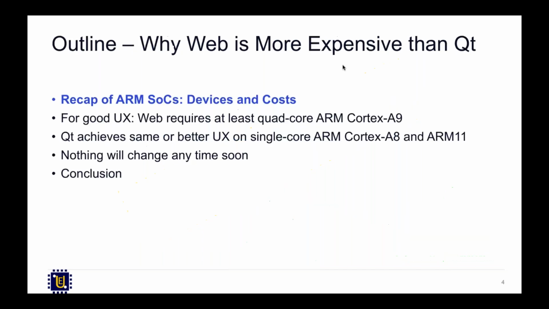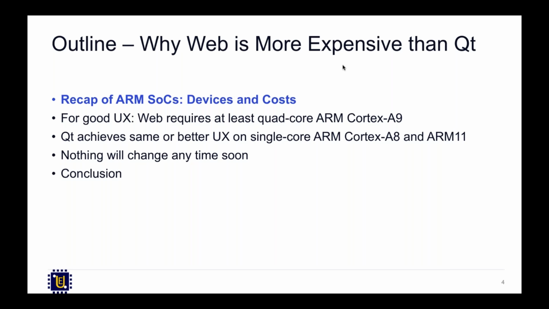So what I will show you in the rest of the talk is that you can achieve a good user experience with web only on a quad-core Cortex A9 or something more powerful. So you're talking about a device which is more powerful than an iPhone 4S, for example.